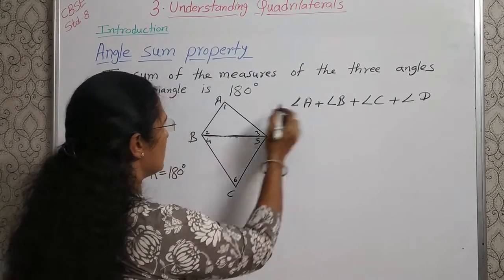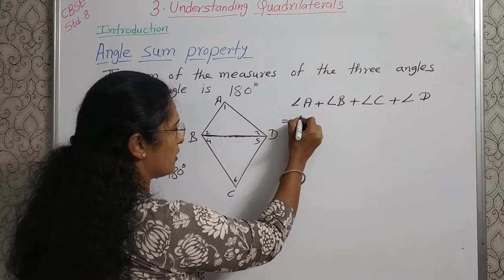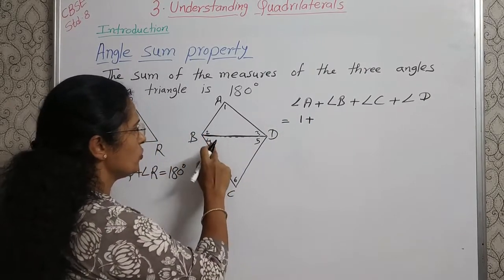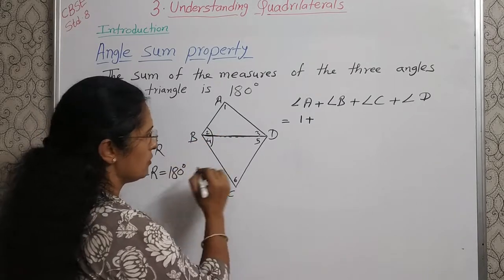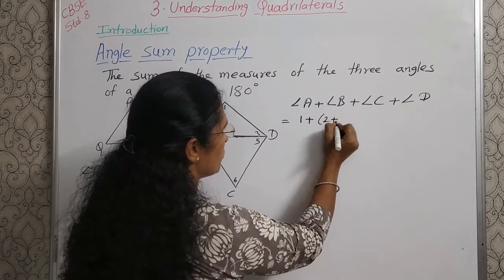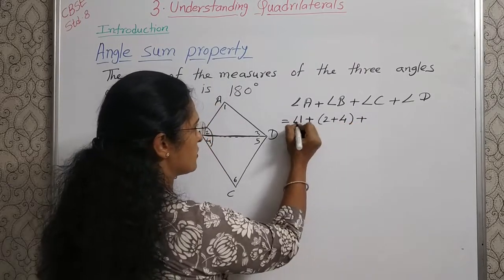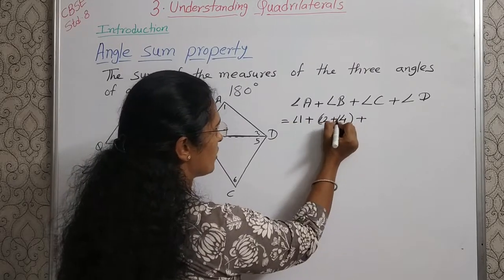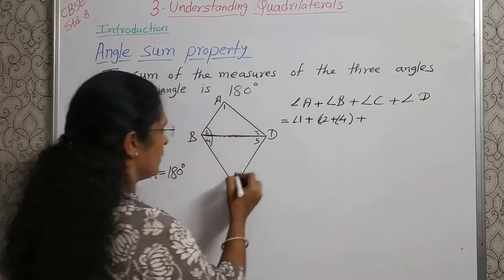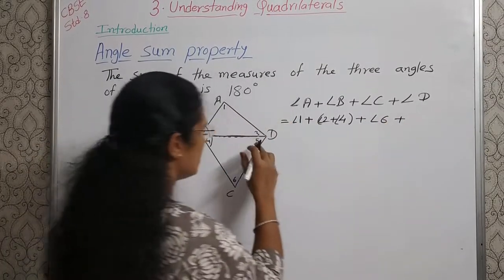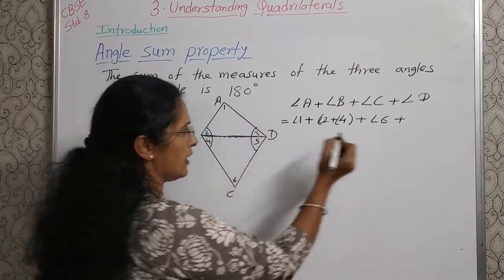Now see, angle A is angle 1, angle B is 2 plus 4, this is complete B. Then C is angle 6 and D is together angle 3 and 5.